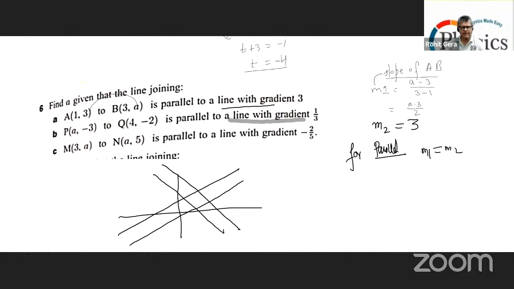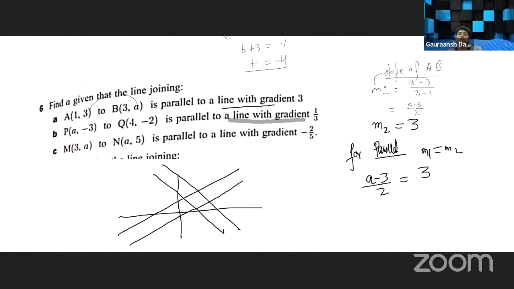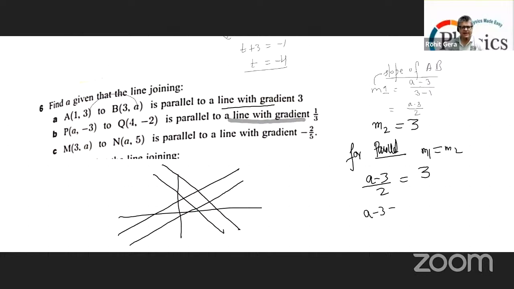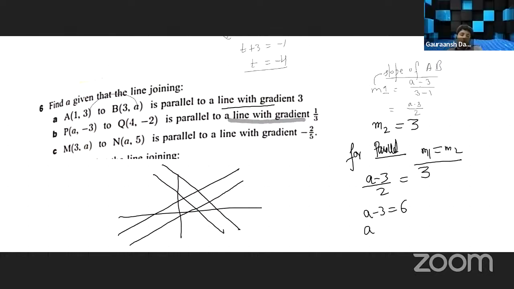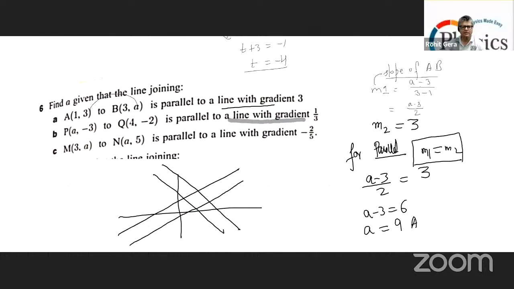So A minus 3 upon 2 is equal to 3. So A minus 3 is equal to 6. And I just have equated them. So A is equal to 9. Got it? Yes.